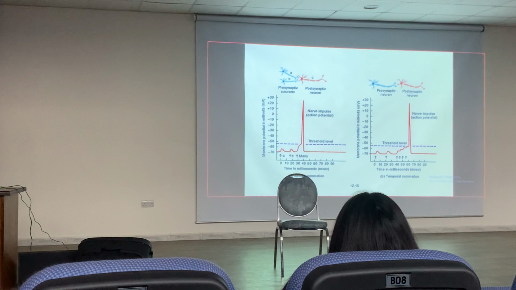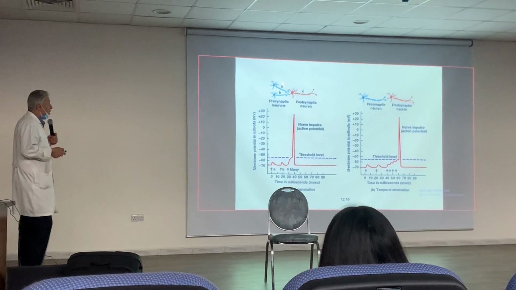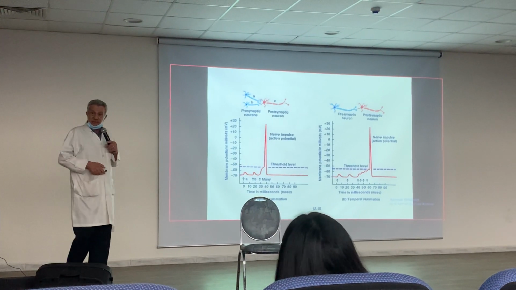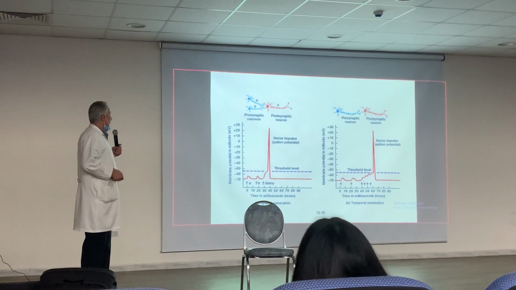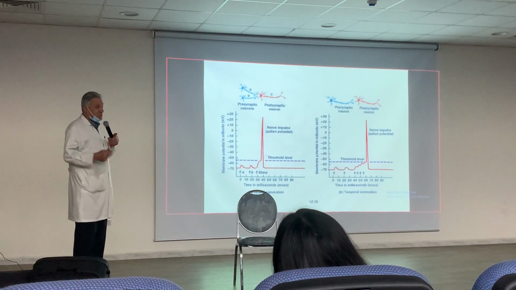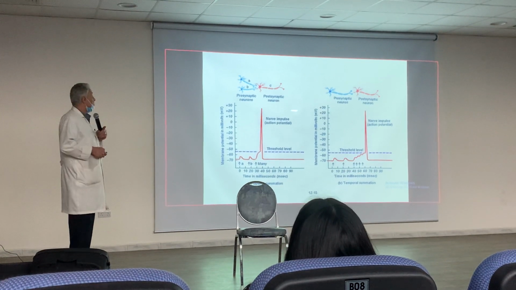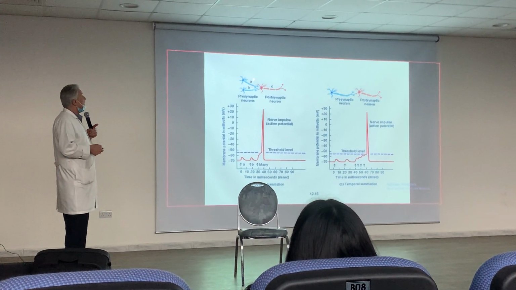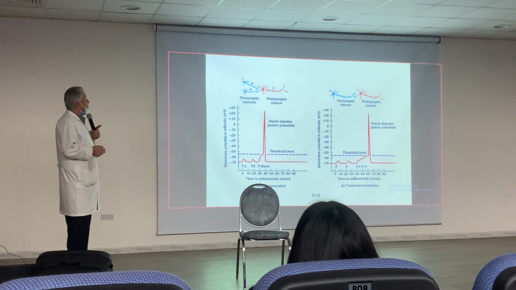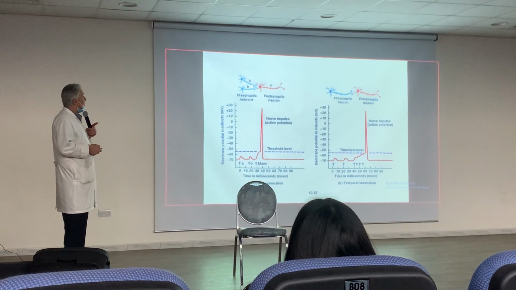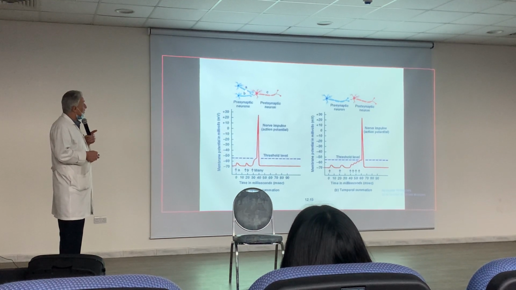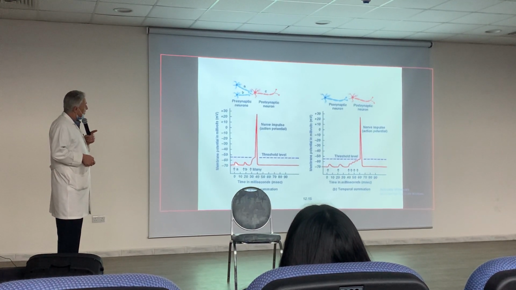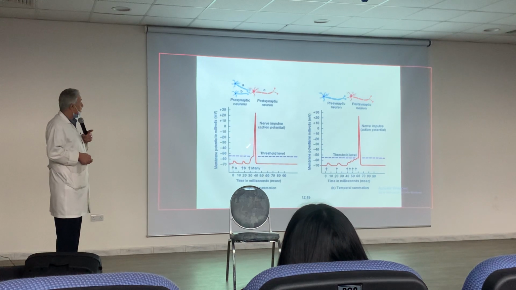For the purpose of understanding, we have two types of summation. This type is called spatial summation, summation in space. As you see here, we have two presynaptic neurons, neuron A and neuron B. If you have stimulus only from neuron A, you get a small excitatory potential.